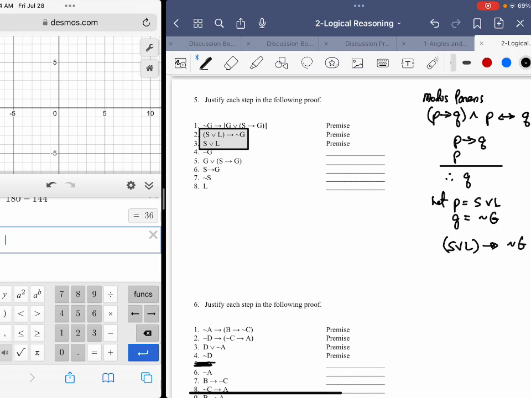And then P again, so S or L. The result, if I follow this model, P implies Q, confirm the P, get the Q. All right, so my first conclusion, not G, is by the modus ponens rule.